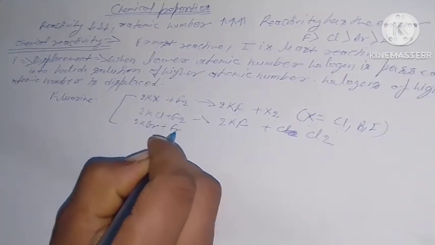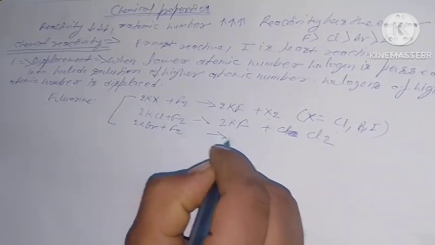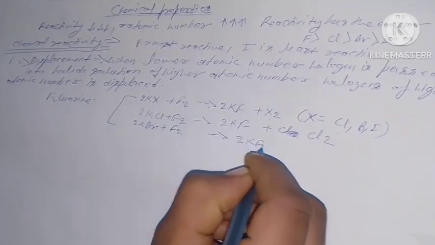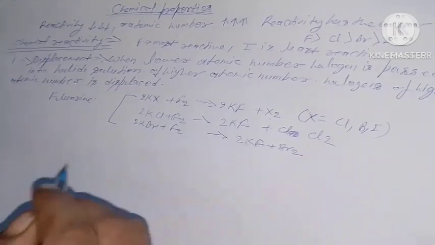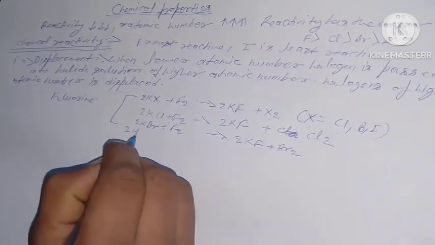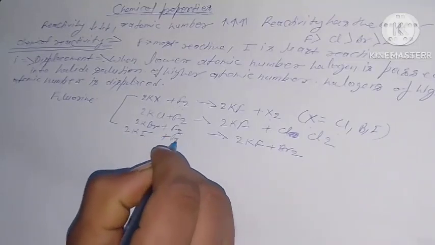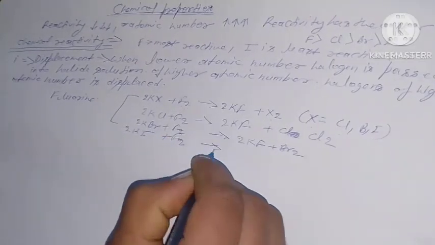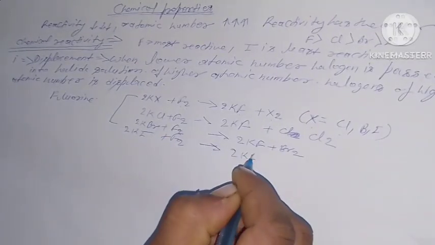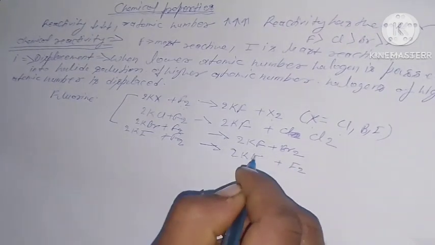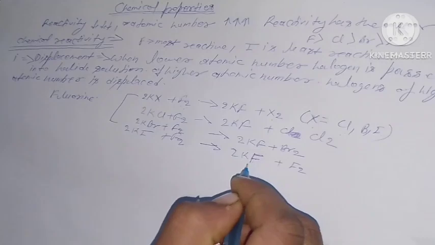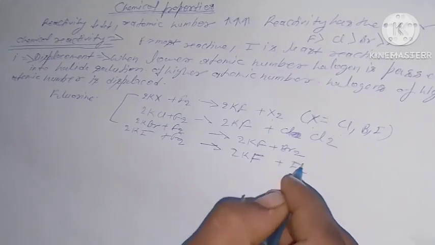2KBr plus F2 gives 2KF plus Br2, removed. And 2KI plus F2 gives 2KF plus I2.